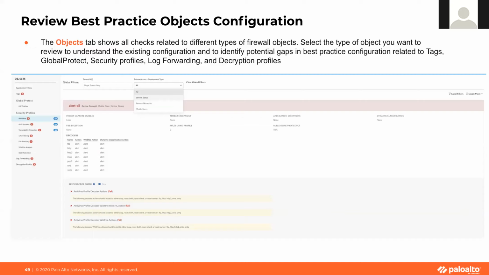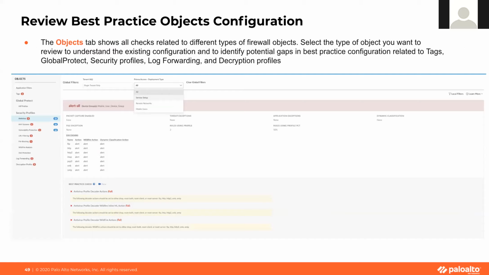The object tab shows all the checks related to different types of Prisma Access or your Panorama objects. You can select the object type you want to review to understand the existing configurations and also identify the potential gaps in the best practice configuration, which are related to tags, GlobalProtect, security profiles, log forwarding, decryption.